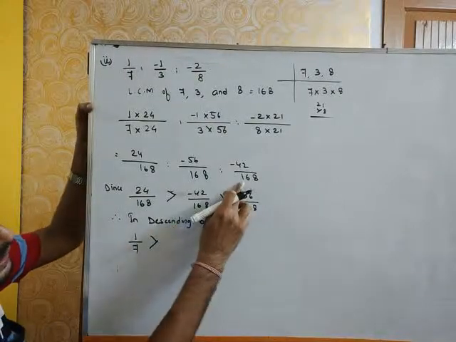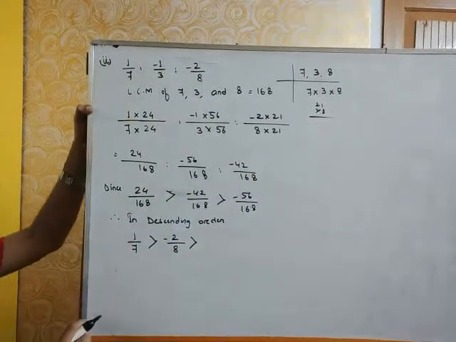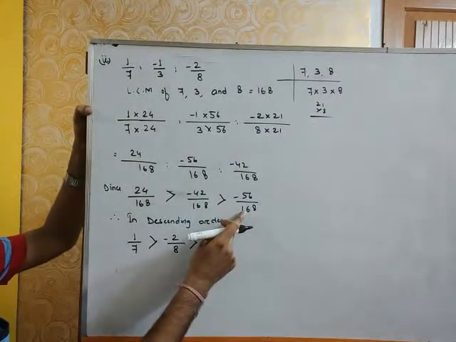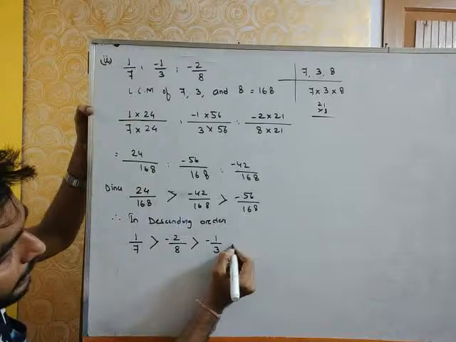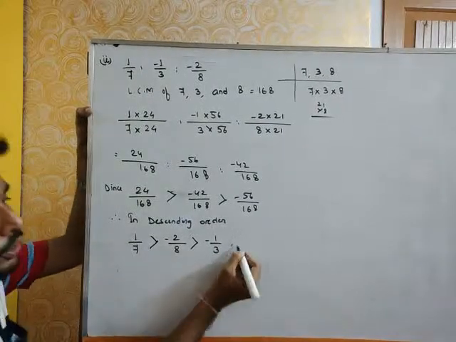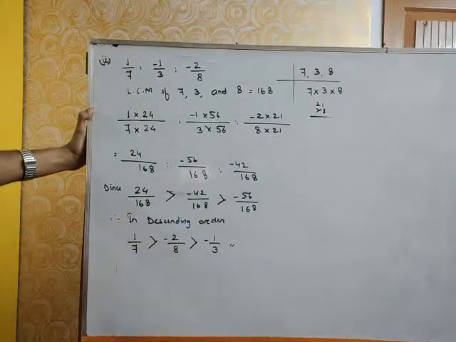Then minus 42 by 168 resembles minus 2 by 8. Then minus 56 by 168 resembles minus 1 by 3. This is the arrangement. Got it, all of you? Any doubt?